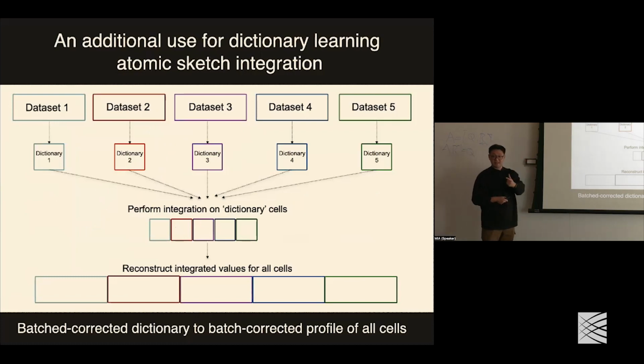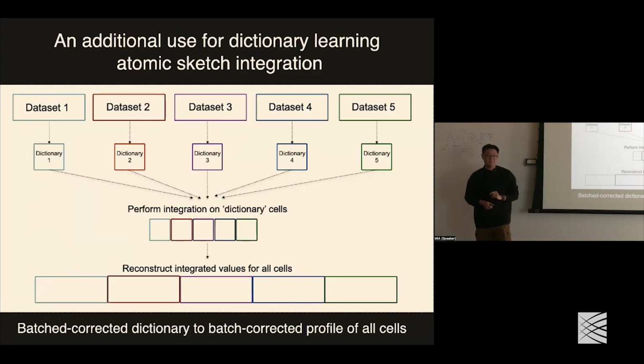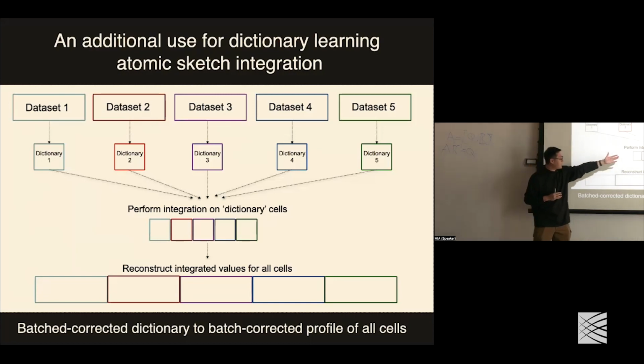For each data set, before we do the batch correction, we use the leverage score to generate a dictionary for that specific data set. Then we do a reconstruction and get an index to see how we can use this dictionary to reconstruct the data set. The dictionary cells are pretty small, so we use the batch correction methods to correct those dictionary cells.